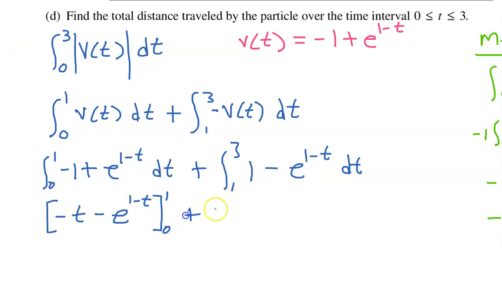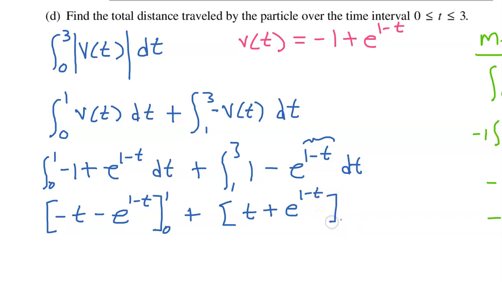So integrating from 1 to 3, the integral of 1 is going to be t. And then again, when we take the integral of e to the 1 minus t power, the derivative in this area is negative 1. So that's just going to end up in the front, which will cause this negative to turn into a positive. So we will end up with positive e to the 1 minus t power.